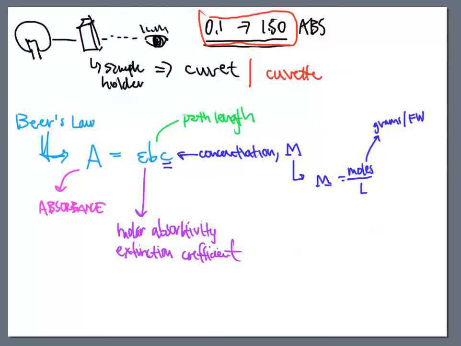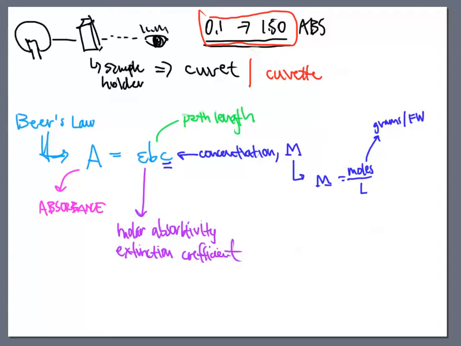These cuvettes are rectangular in shape. That's why I keep drawing a rectangular box on the screen. But they can come in all forms and they can come in all sizes. But that is what we call a cuvette.